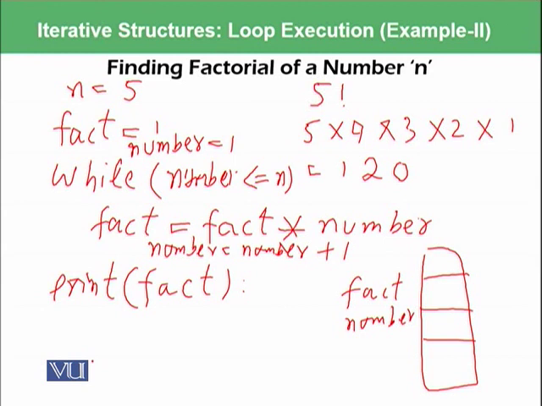So now fact is containing 24 and number contains 5, and then 5 into 24 will become 120, and that 120 will be stored in the fact.